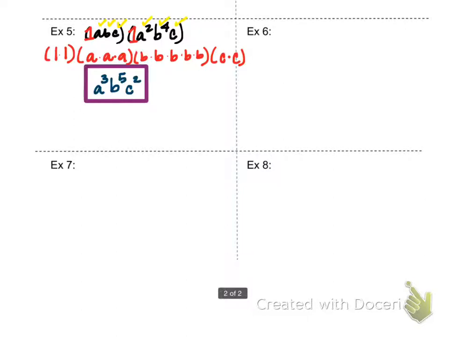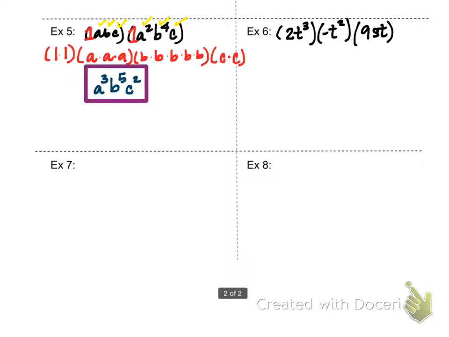Now we're going to do our last example of 2 times t to the 3rd times, looks like negative t, negative t squared, times 9st. Now let's go ahead and group our coefficients together. I did this just to organize. I guess the first thing that we probably should do is expand.